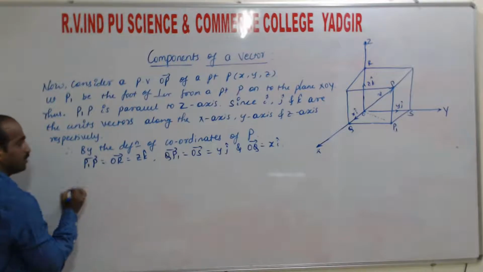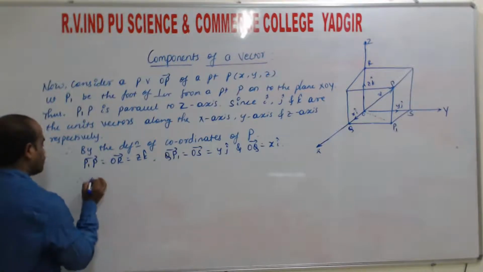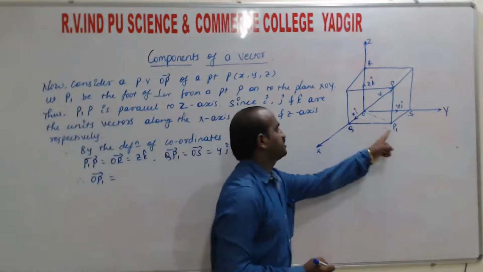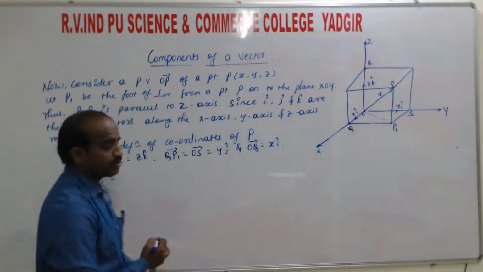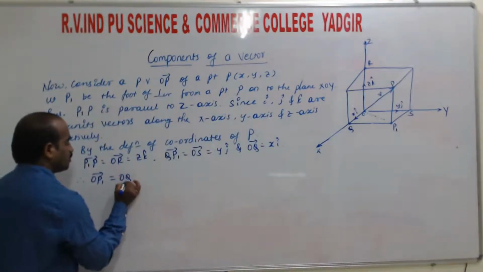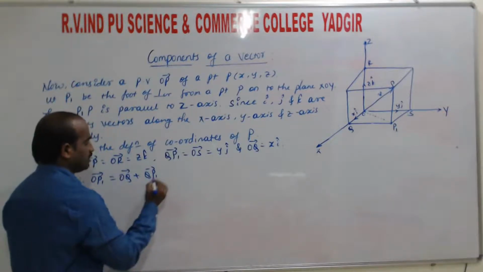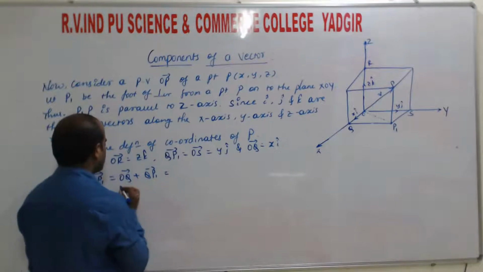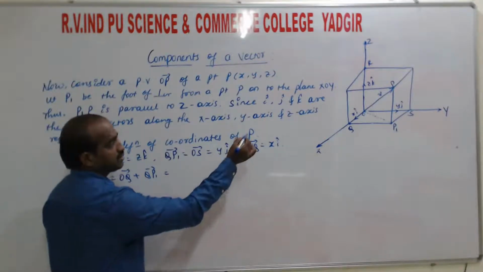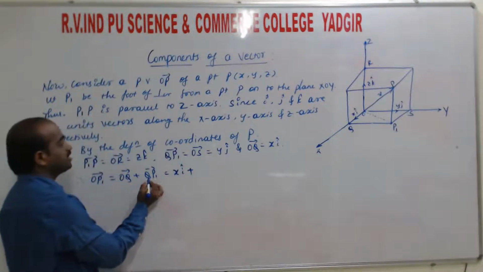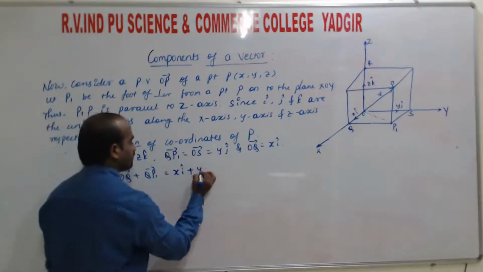Therefore, the OP1 vector is equal to the OQ vector plus QP1. Now OQ is equal to xi, plus QP1 is equal to yj.